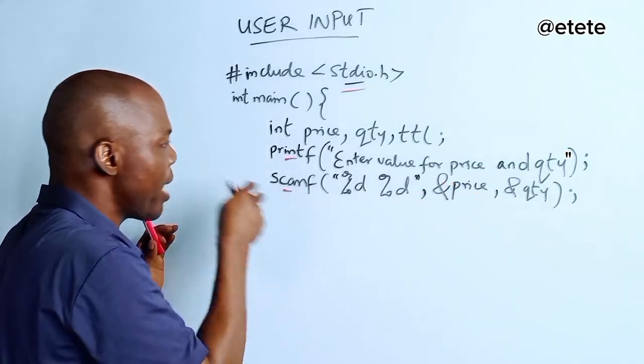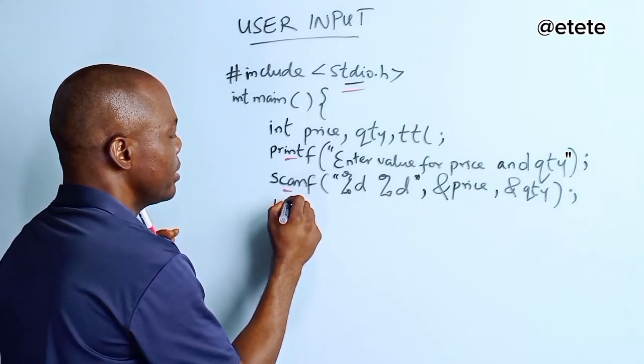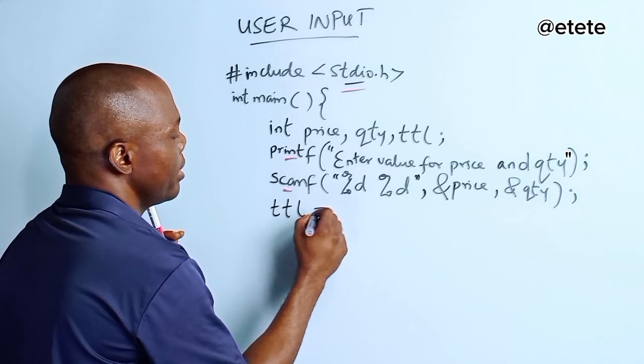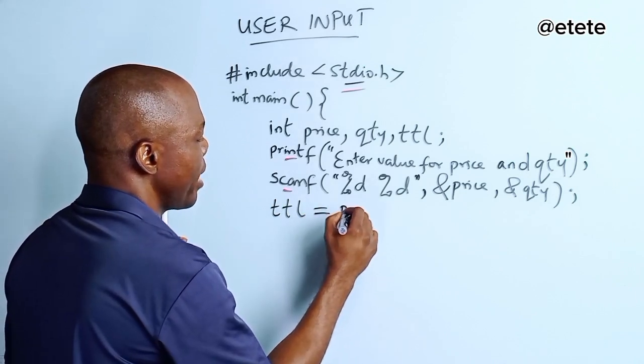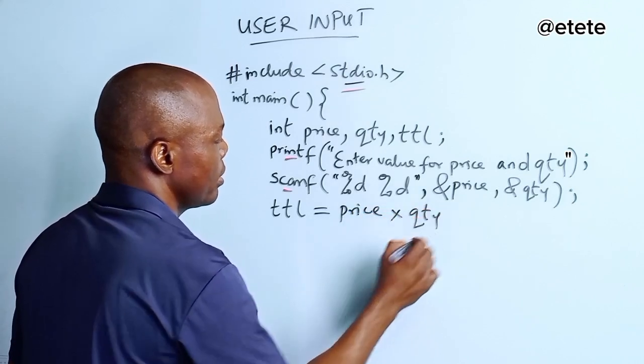Now the next thing that will happen is, having entered that value, I will now say TTL, assign price multiplied by quantity to it.